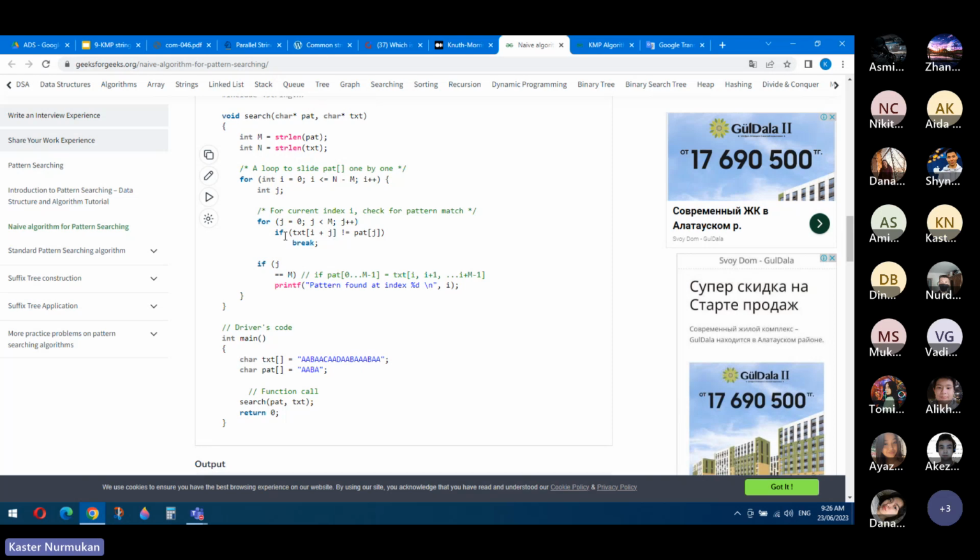It means for example the index I is, no, hold on a second, is N minus M.